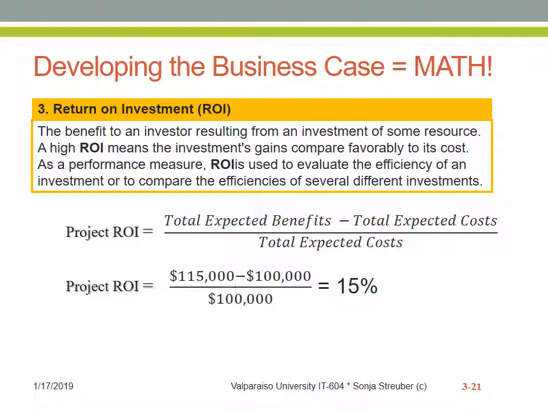Then we divide that by this initial investment into the project life cycle of $100,000, and out comes 15%. And of course, the idea is that the project return on investment should be as large as possible. In other words, bigger here is better.